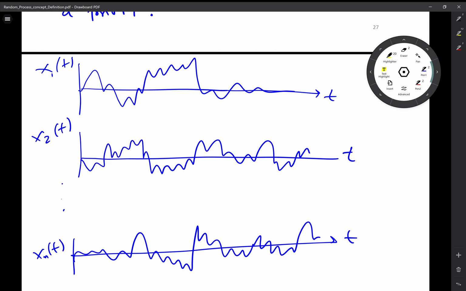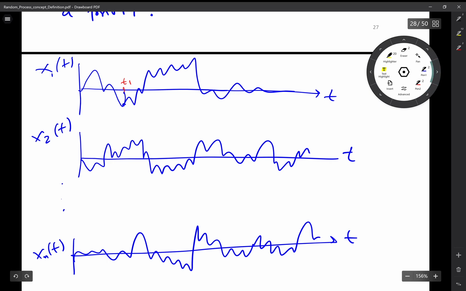First you have to understand that we will do it over the ensemble. Ensemble is important. Let's say we take a time t1 and see what the value of x is.